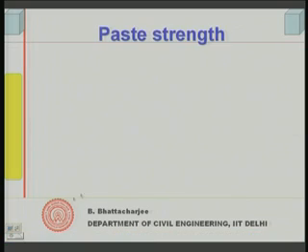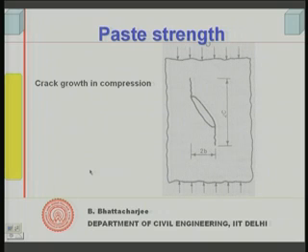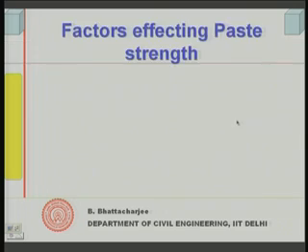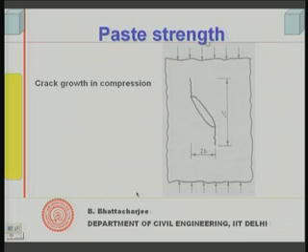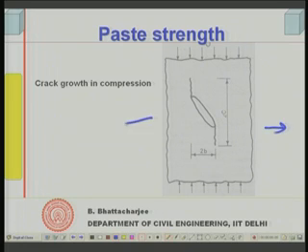And if we go to the next slide, we will see that when I try to look at compression, since this material is weak in tension, compression actually causes failure due to tension along the transverse direction. Under compression, due to Poisson's effect, the paste material, and right now we are only discussing paste, would have a tendency to expand in the lateral direction.